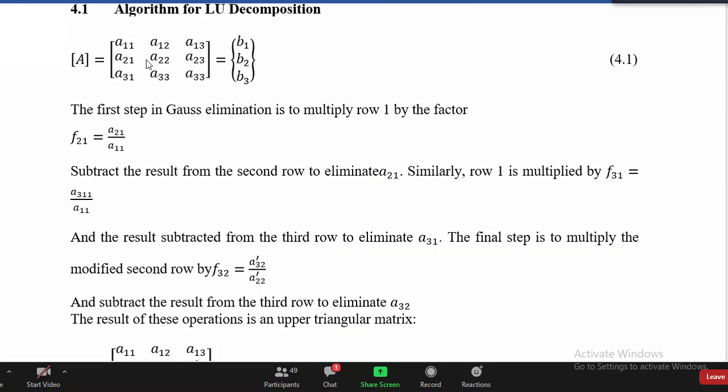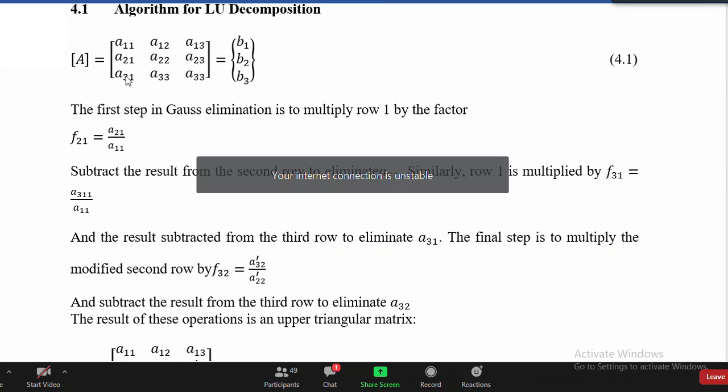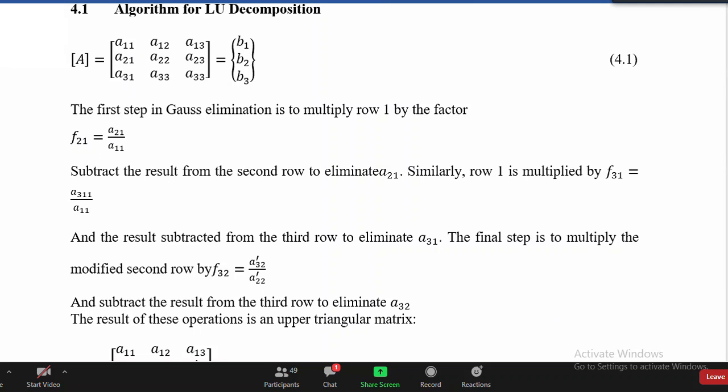So how do we eliminate A21, A31? We eliminate them using this factor, F21, F31. And we eliminate the modified second and third equations. This one will be A22 prime, A32 prime.